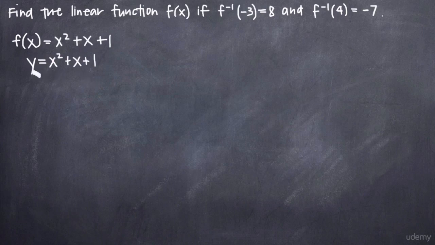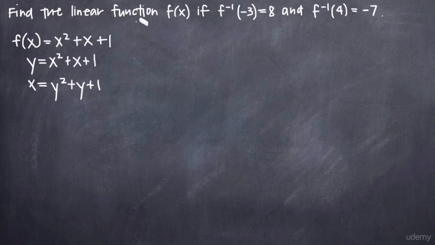The inverse function would be the function where we flip the variables x and y. So in place of y, we put x, and in place of x, we put y. So we'd get x equals y squared plus y plus 1. We could simplify this in different ways, but essentially we're just flip-flopping the variables.